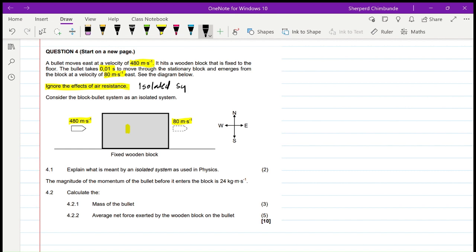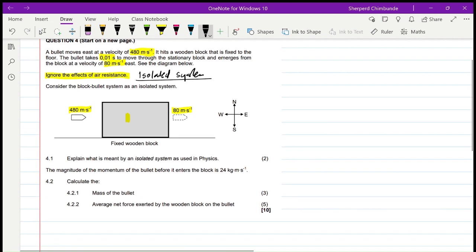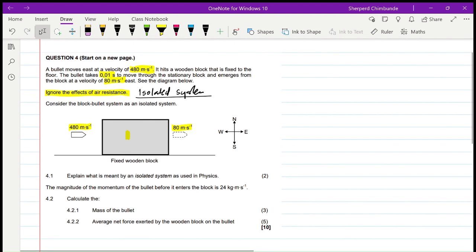Now, what is an isolated system in physics? Right, this is a system in which the external net force is equal to 0. That means the only forces that are involved in this collision or explosion are the internal forces. So on question 4.1, they ask to explain what is meant by an isolated system in physics.